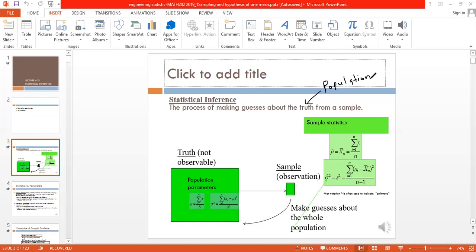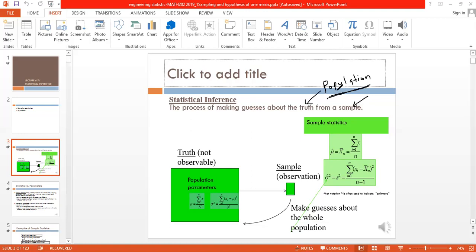And then the next word we have here is sample. It is not always possible to observe the whole population. We made mention of that in the second lecture. It's not always possible to examine the entire population because you can't go selecting all the bottles Vortic mineral water produces across Ghana and those that are exported.